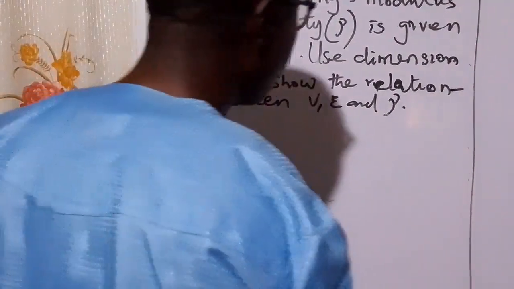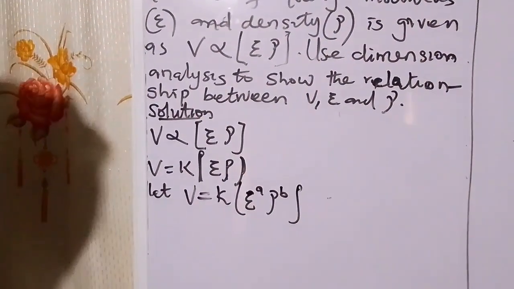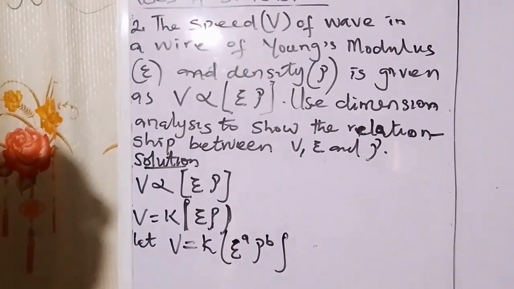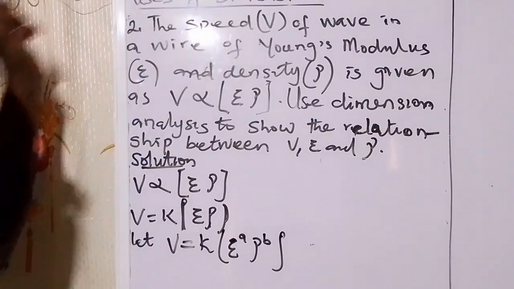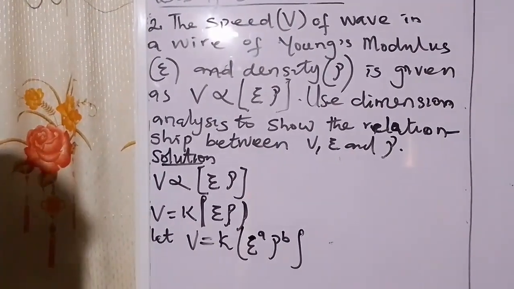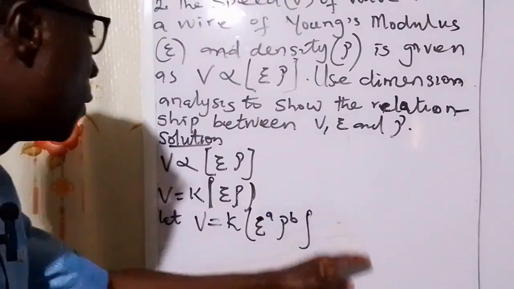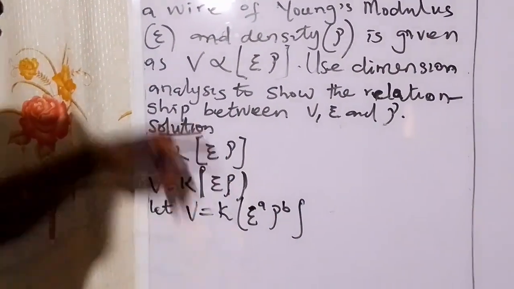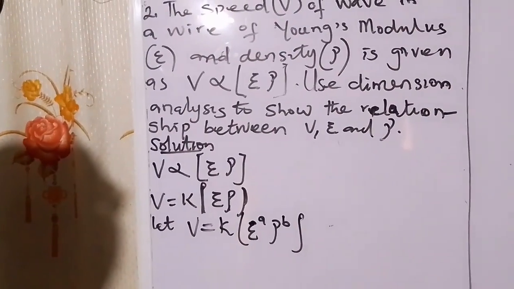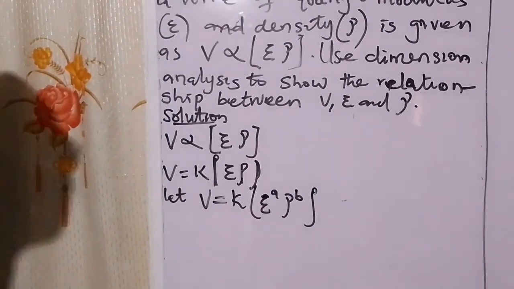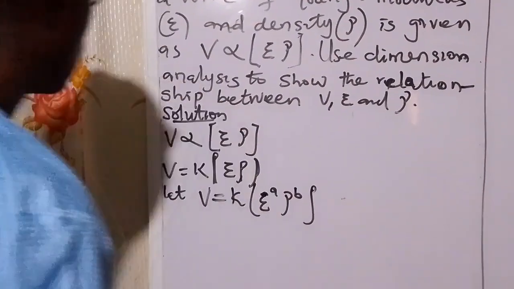And as I told you the other time, time will not permit us again to go back to dimension and solve out the dimension of speed, the dimension of Young modulus and that of density. But once we have learned it right from the previous lesson, we are just going to copy the dimension of each quantity in now.